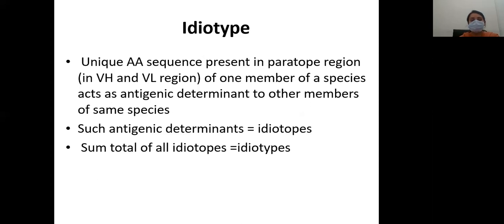Next, there is the idiotope. What are idiotopes? They are unique amino acid sequences present in the paratope region of one member of a species, which act as antigenic determinants to other members of the same species. Such antigenic determinants are called idiotopes. The sum total of all idiotopes is the idiotype.